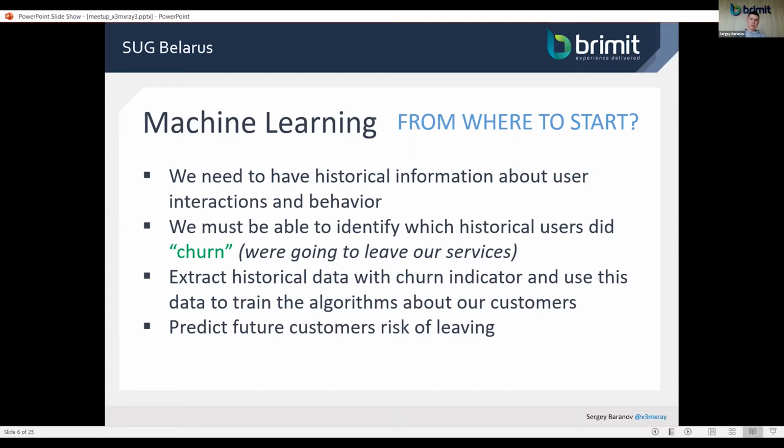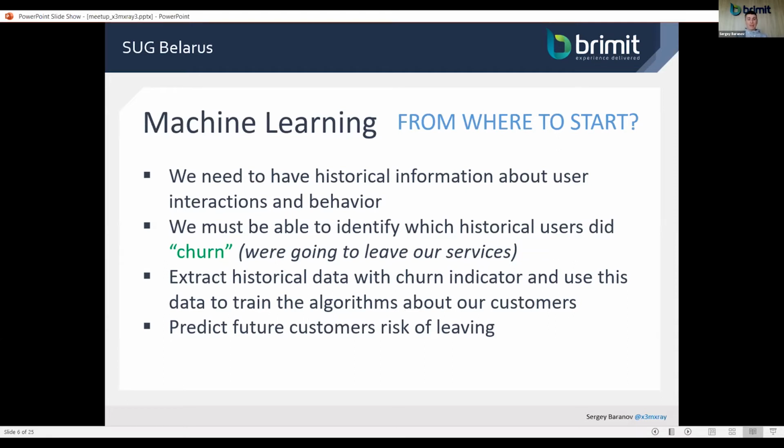If you want to be able to predict some future features, we need to know all values of some data, some information. For example, for churn prediction, we need our customers' historical data set, their orders, their interactions, their behaviors, etc.